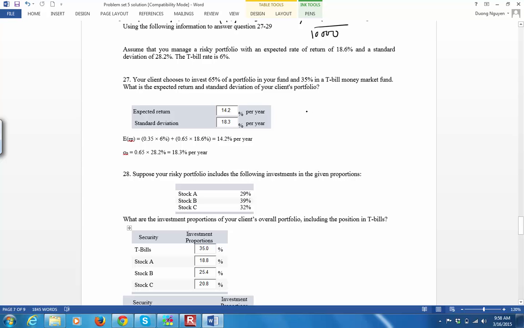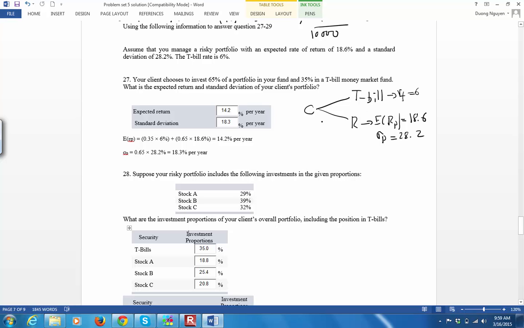If your client chooses to invest 65, so you have complete portfolio C, a combination of the T-bill and the risky portfolio P that has expected return equal to 18.6 and the standard deviation equal to 28.2. The T-bill rate Rf is equal to 6.